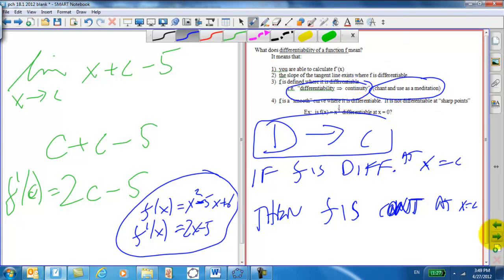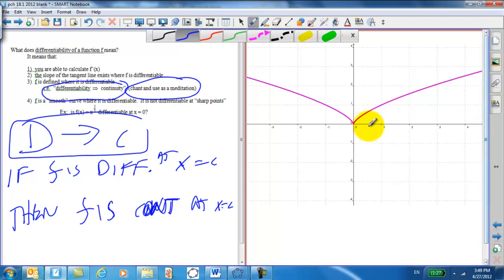Basically, differentiable means that it's smooth. And when we look at x to the 2/3, you look at the graph, look at what's going on right there. You got a sharp corner. So this is not differentiable at x equals 0. It's got this sharp corner because you can't really draw a tangent line. The tangent line from this direction looks one way, the tangent line looks the other way.